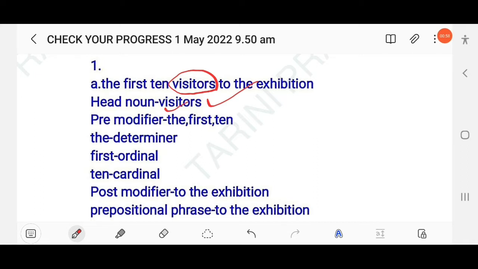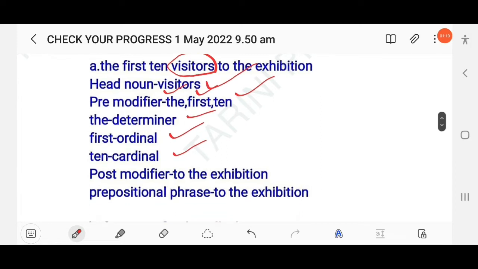Pre-modifiers will be the first 10. Then you have to label the pre-modifiers: the is a determiner, first is ordinal, 10 is cardinal. The post modifier is to the exhibition, which is a prepositional phrase.